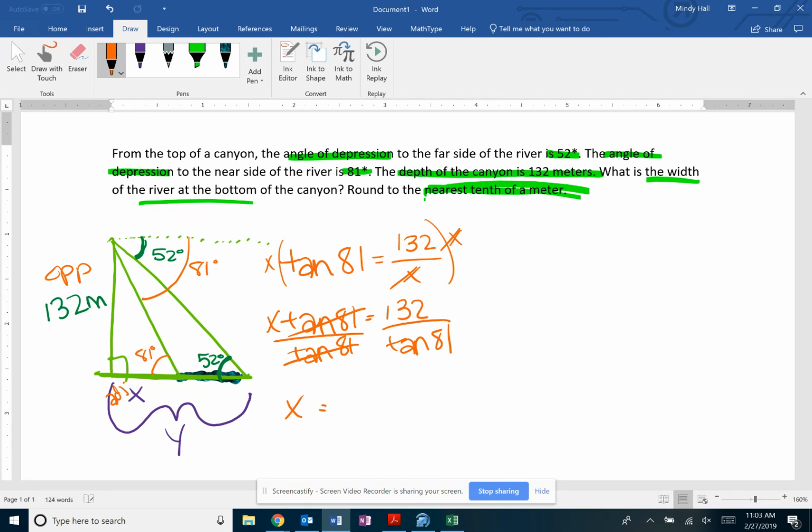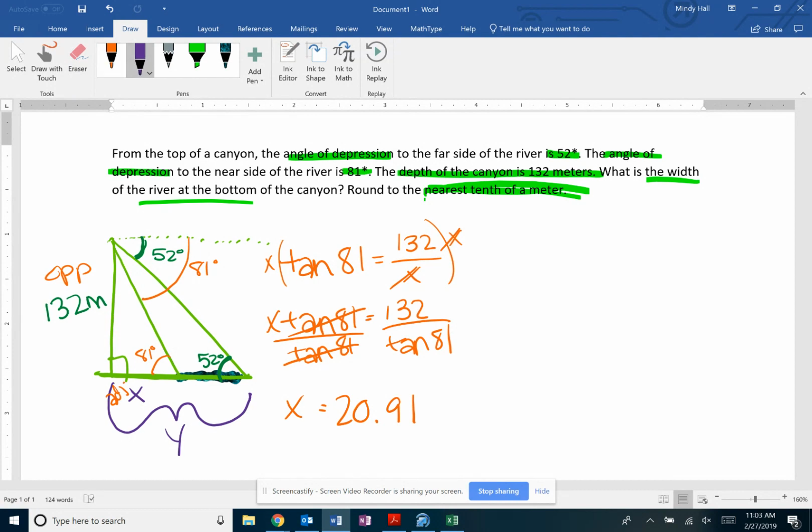So X equals, pulling out the handy dandy calculator, 132 divided by tangent of 81, which is 20.906, so we round up to 20.91.